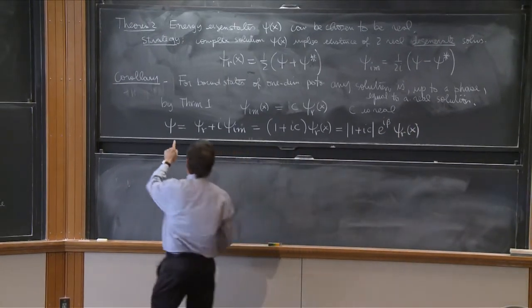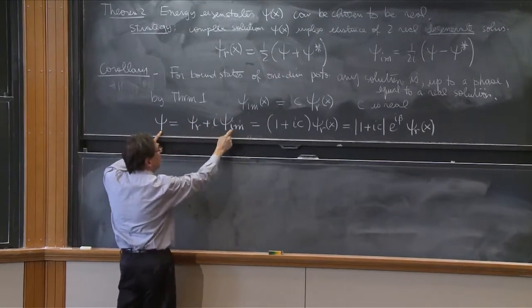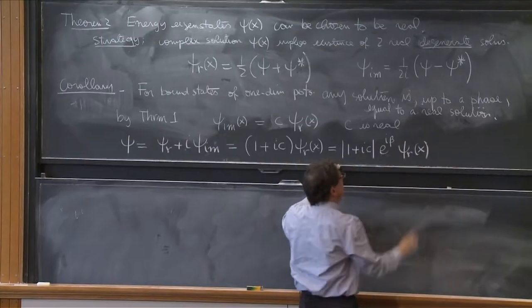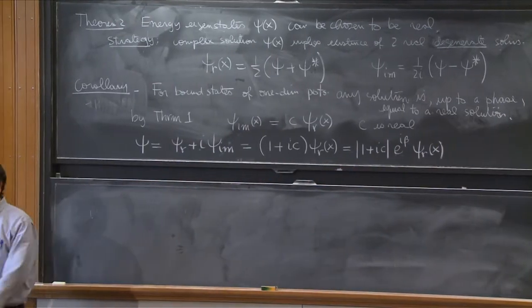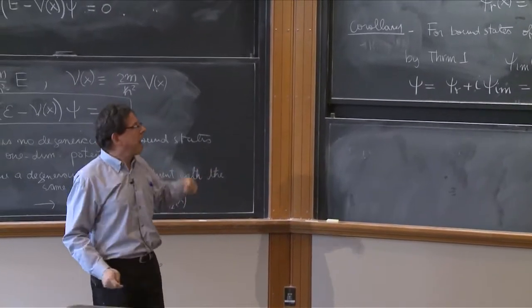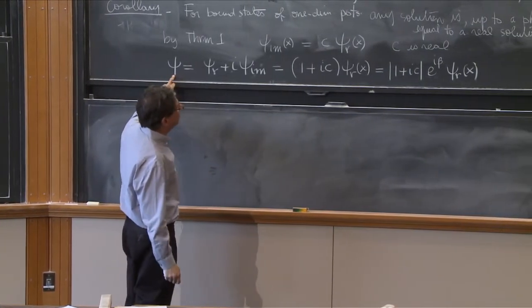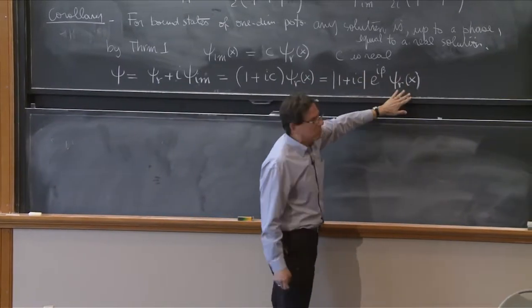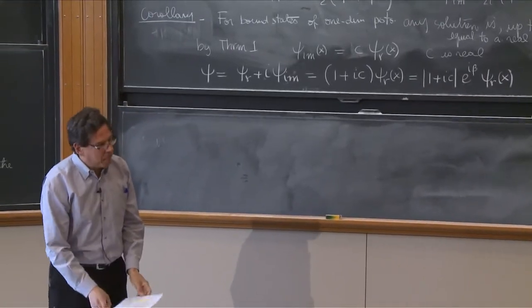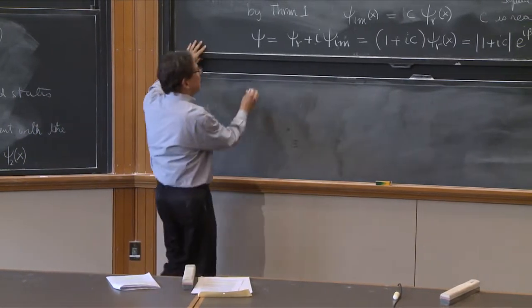So you see that any solution, any linear combination, in fact, with any numbers of psi r and psi imaginary will be a constant times a phase times this thing. So it is really just real anyway. So you can just have just one solution, and any solution that you may write that represents a bound state is up to a phase equal to a real solution. Okay, so that's our theorem 2. Theorem 3.